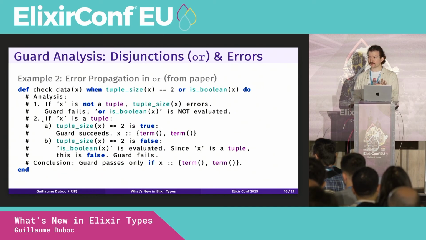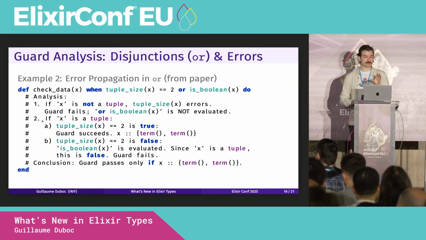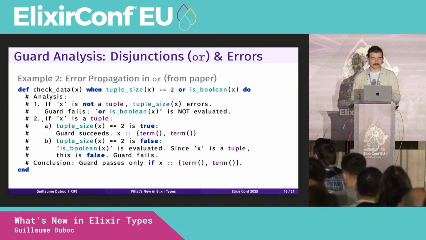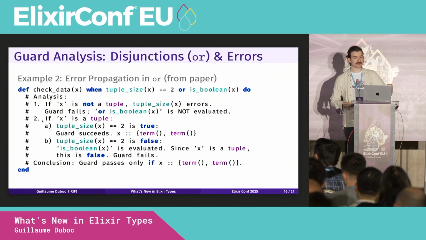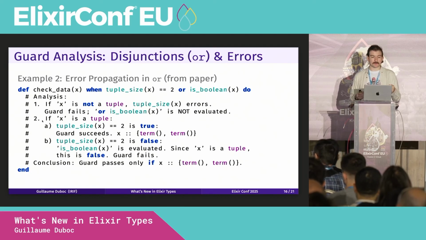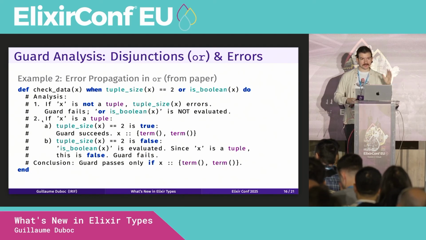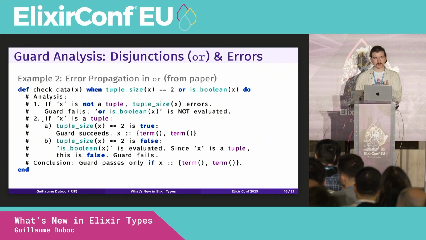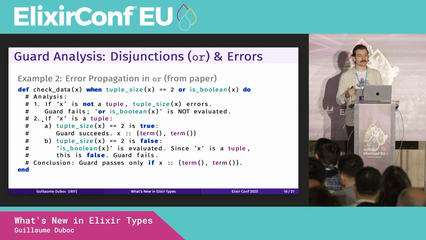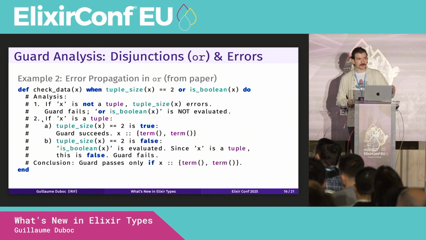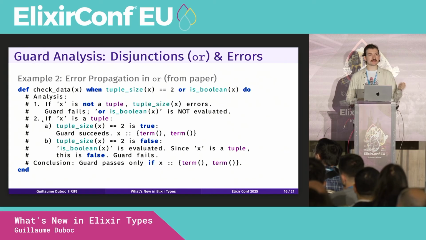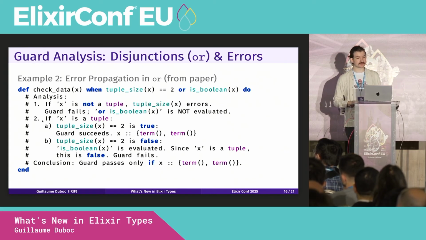But the guard could actually fail. So if we have a guard where we simply ask straight out of the box, is tuple size of X 2? If X is not a tuple, this whole guard will fail. So you cannot say that actually if it was a Boolean, it would have succeeded. And so we include this error case into the analysis.